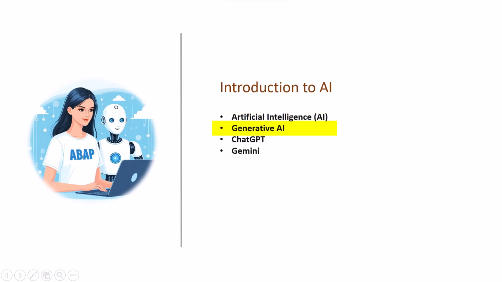Generative AI. Generative AI is one of the most promising advancements in artificial intelligence. It enables computers to generate data that resembles real data such as images, music, speech, or text. ChatGPT. ChatGPT is an AI chatbot created by OpenAI.